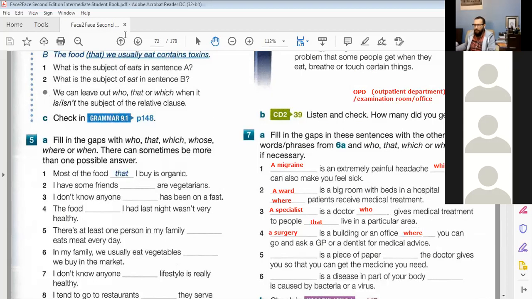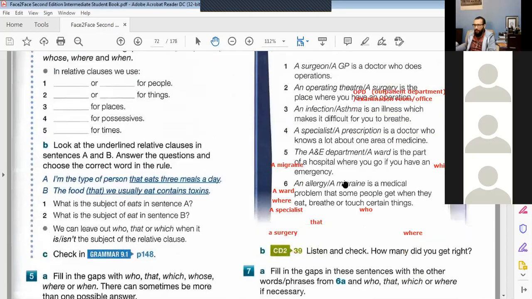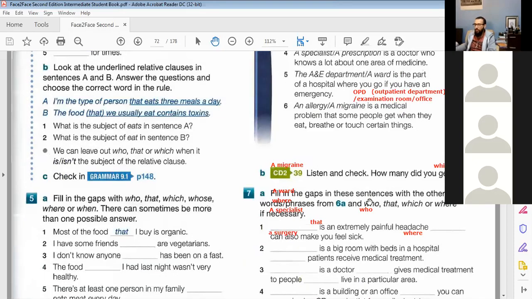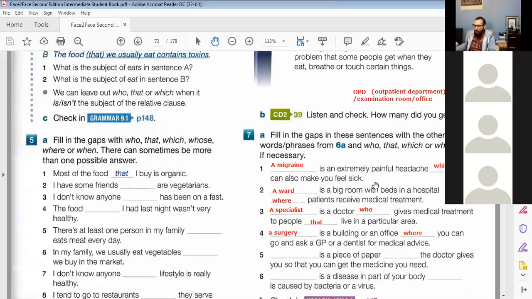A prescription is a piece of paper. A prescription, correct. Which the doctor gives you.